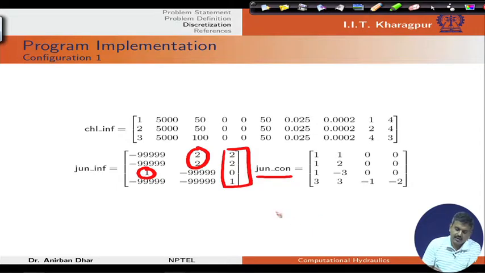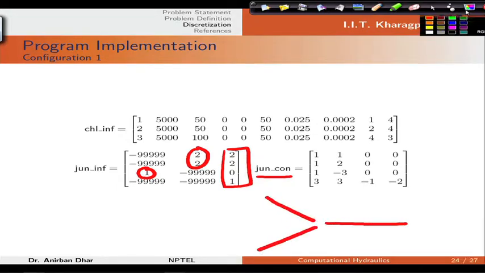Junction continuity in this case it is simple as per our usual convention. We have 1, 2, 3 and this is 4 junction wise, and this is channel number 1, 2, 3. So, for channel number 1 or node number 1, this is junction continuity.